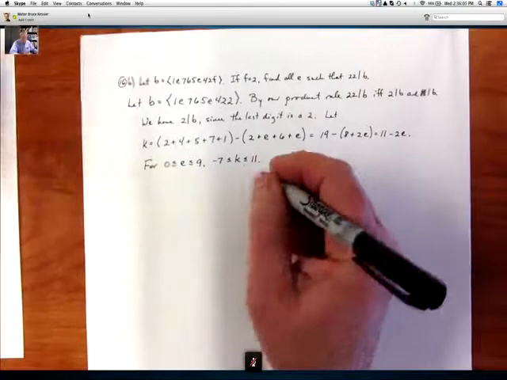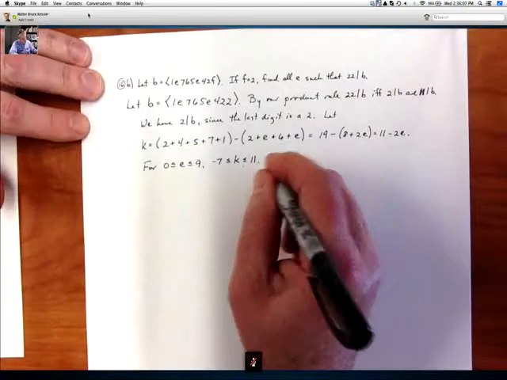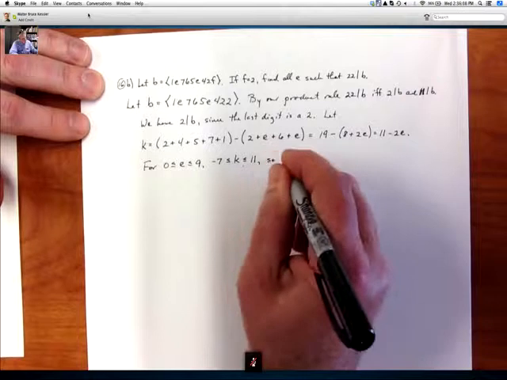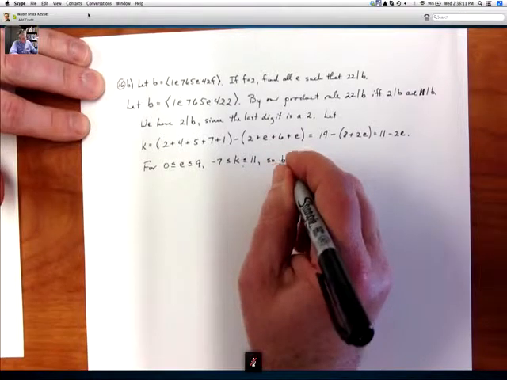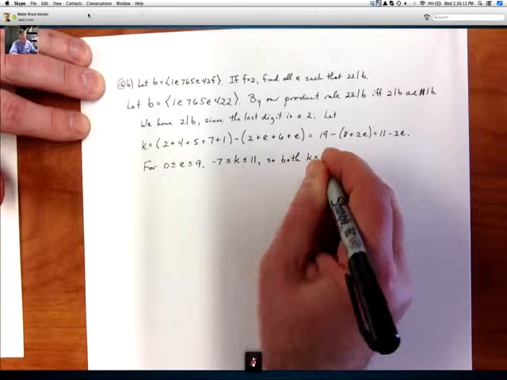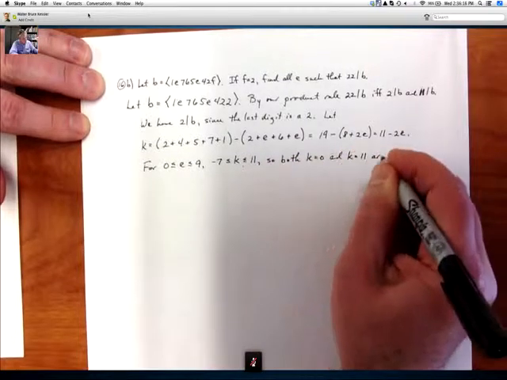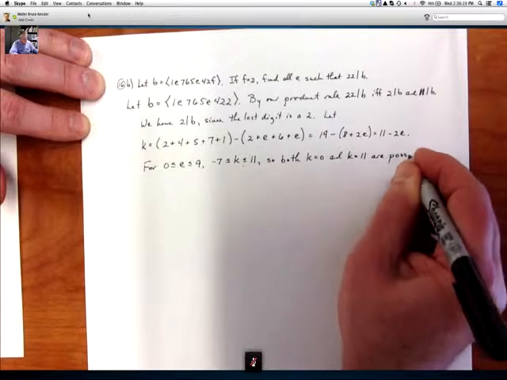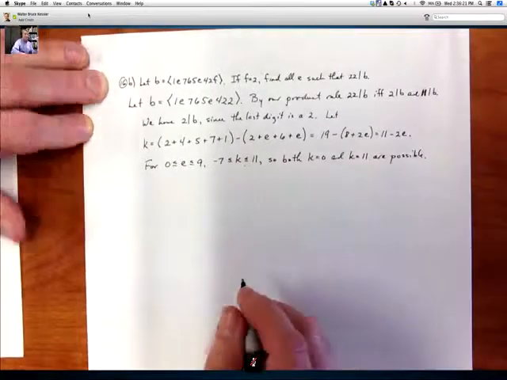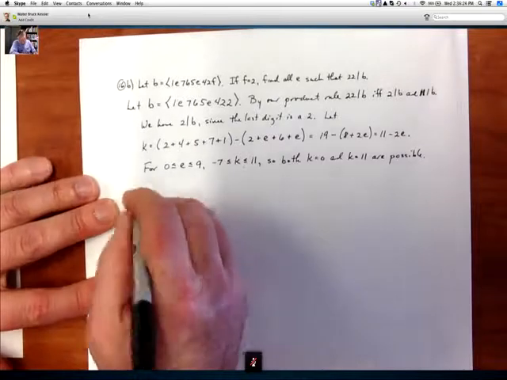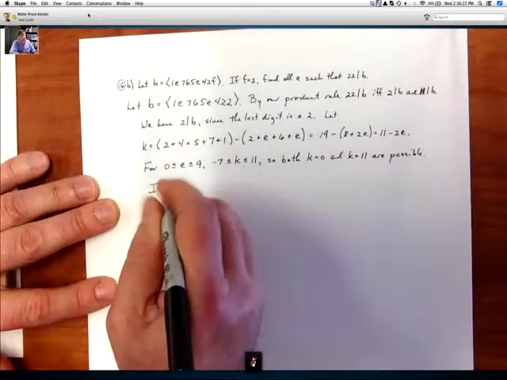And the biggest K could be is if that's a 0, to be 11. Okay? So both K equal to 0 and K equal to 11 are possible. Now the question is, can we find an E that makes that happen?